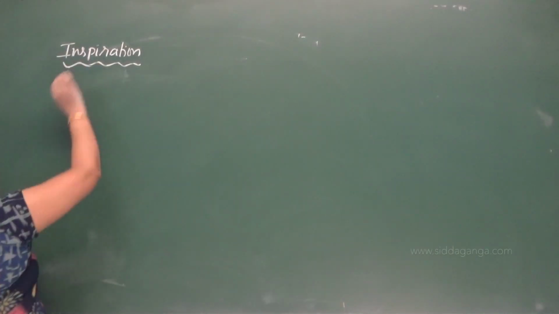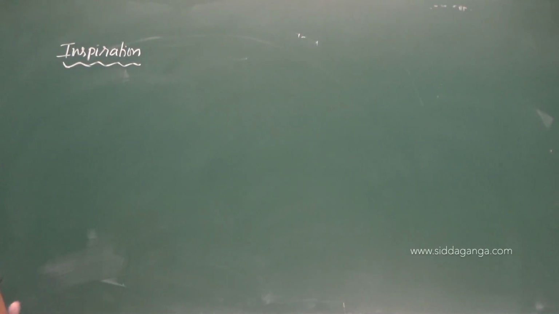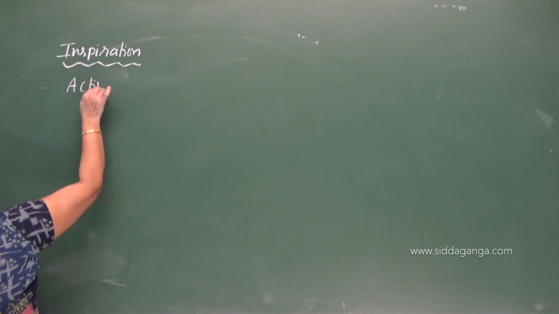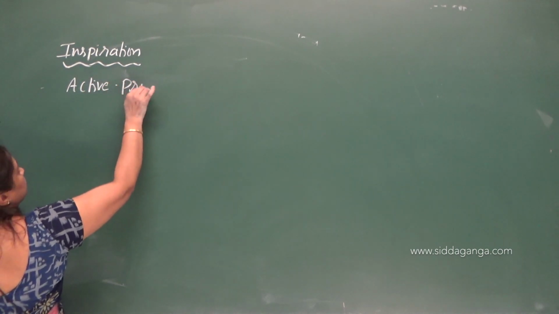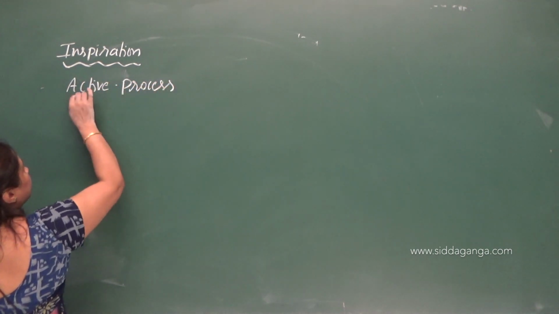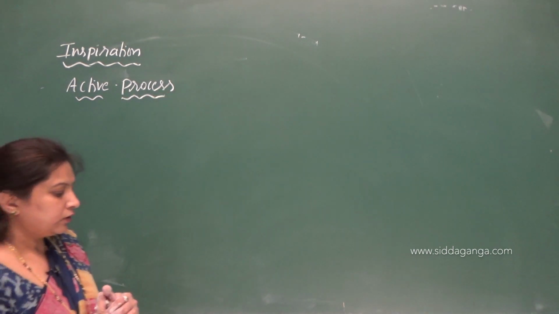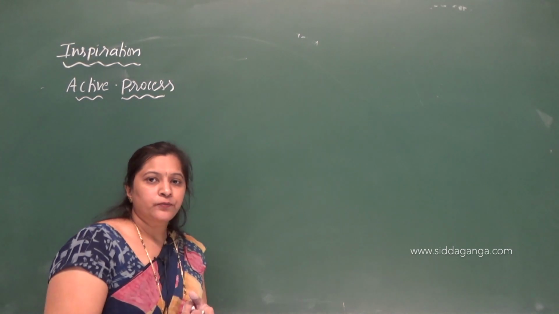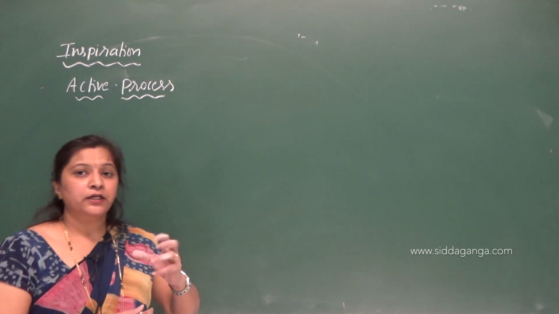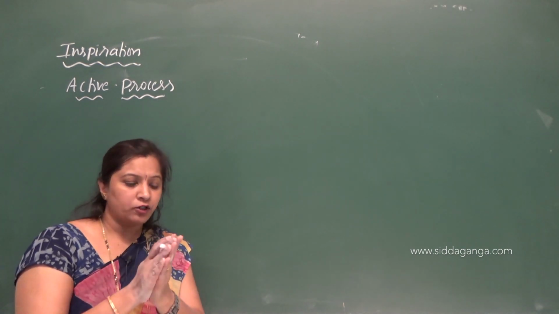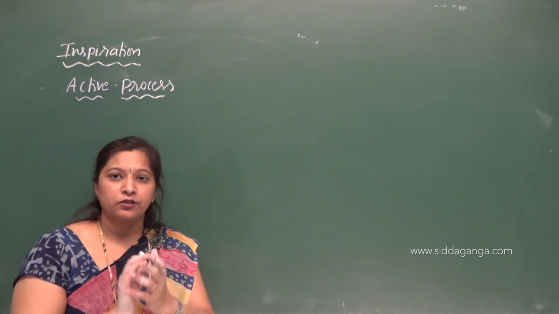Inspiration. So let us discuss how inspiration occurs. See, inspiration is an active process. Why is it called an active process? Because inspiration occurs because of the contraction of certain muscles.